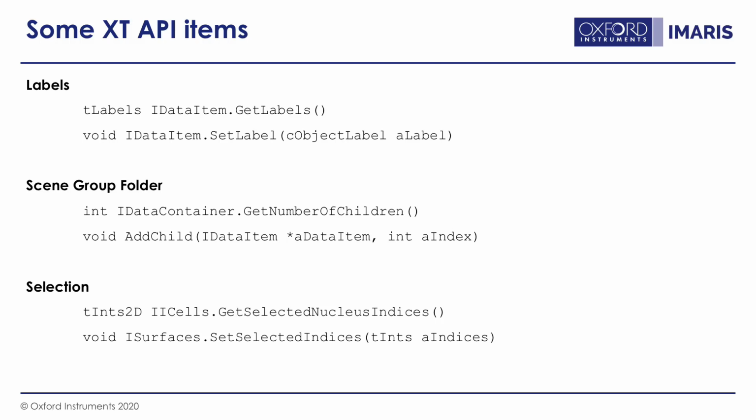You can also do a GetNumberOfChildren and then iterate through the children to have a look at it. With this, you can just iterate through all the children of the scene to, for example, get all the spots components or all the surface components or whatever is of interest in your extension.